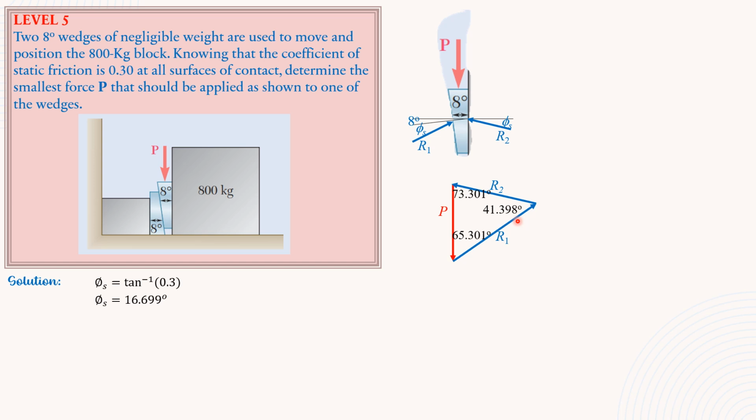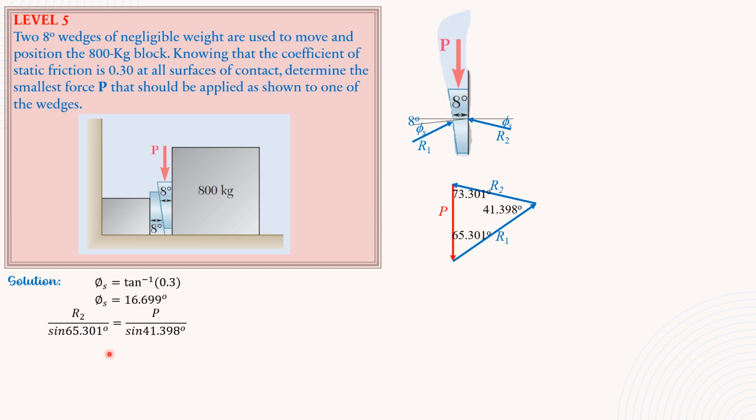Using sine law, let's express R2 in terms of P. We need R2 because we transmit R2 to the 800 kilogram block later. So R2 over sine of 65.301 degrees equals P over sine of 41.398 degrees.